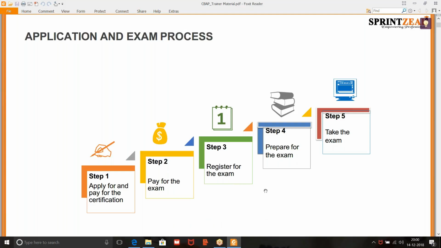It's not very short, but usually what happens is you keep postponing your preparation. I've seen that. What I suggest is, don't postpone step four. Keep preparing for the exam, because I'm going to share how this exam is shaped. It's a little tricky, but it's not impossible.